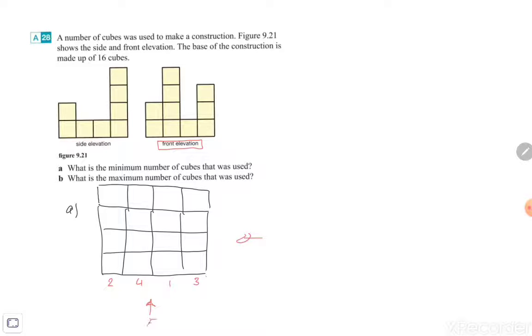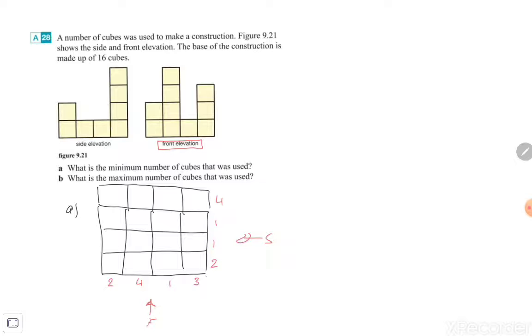Let's write F for front and S for side. So this is 2, this is 1, this is 1, and this is 4 high. And we're going to add inside my plan the number of cubes in each square.